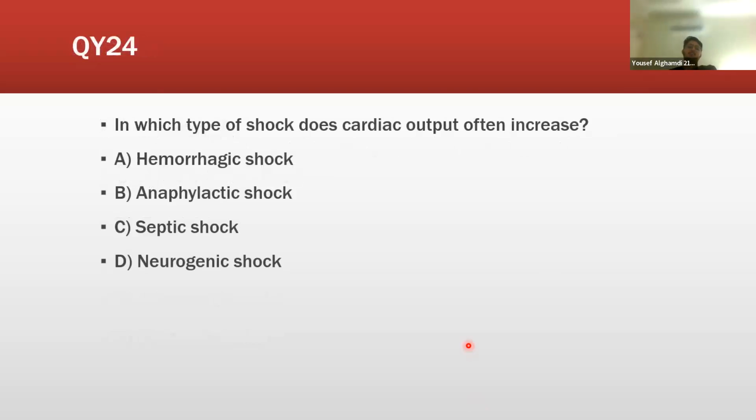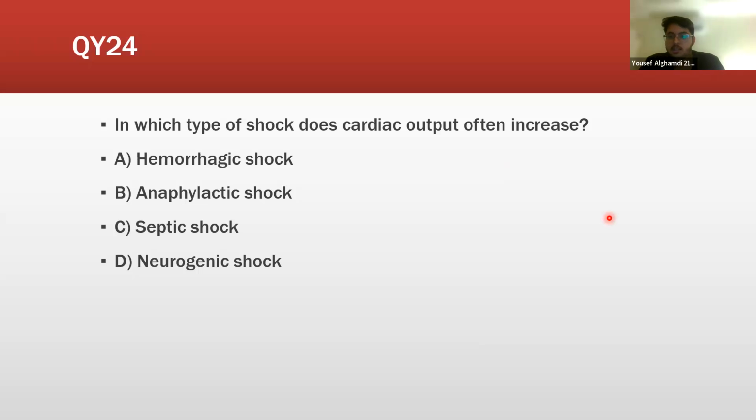In which type of shock does cardiac output often increase? When will we have a lot of cardiac output? Unfortunately, it's not A, and it's not D. You guys took septic shock, right? I saw it in the slides. Yeah, it would be septic shock.